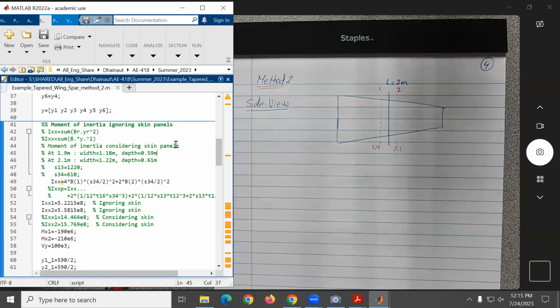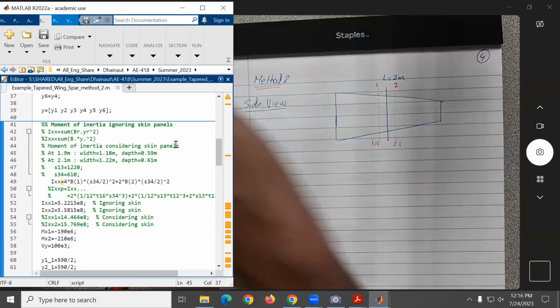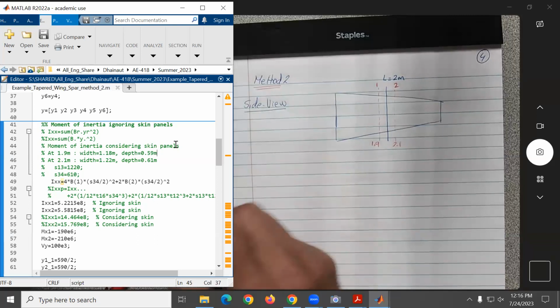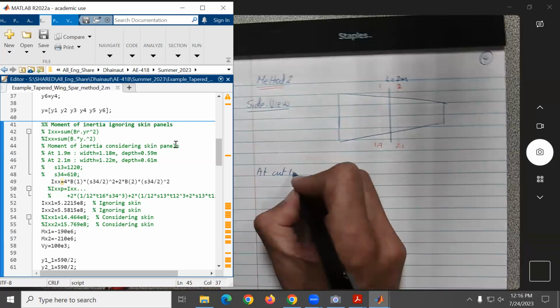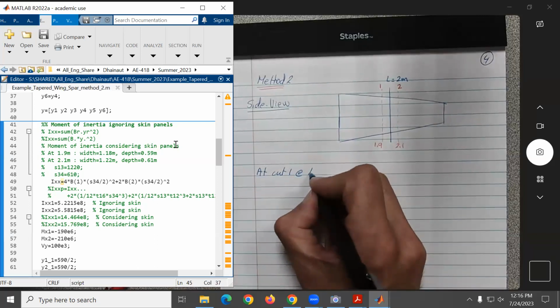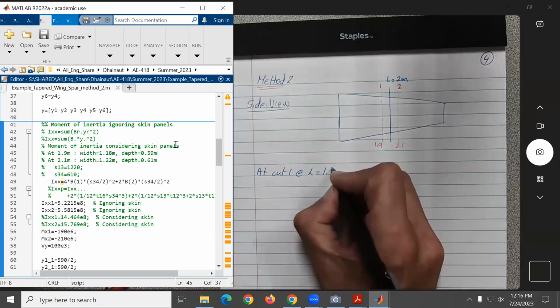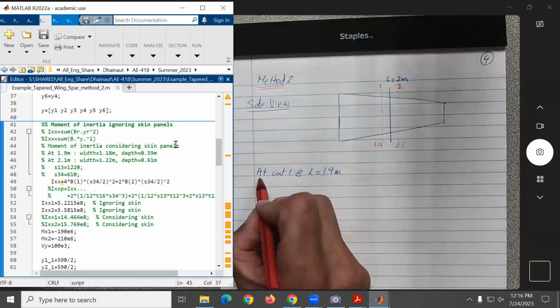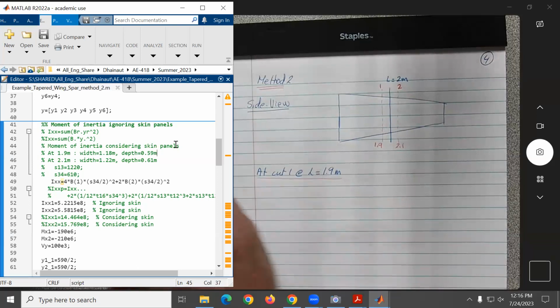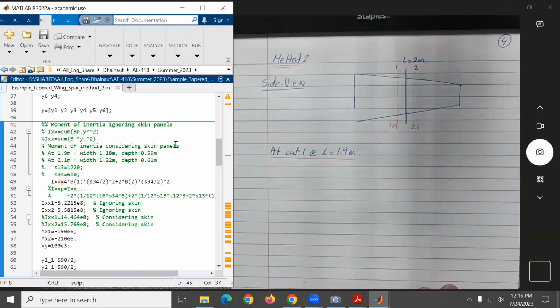Okay, so let me understand what I've done over here. So let's see here at cut 1, which basically means that L equals 1.9 meters.